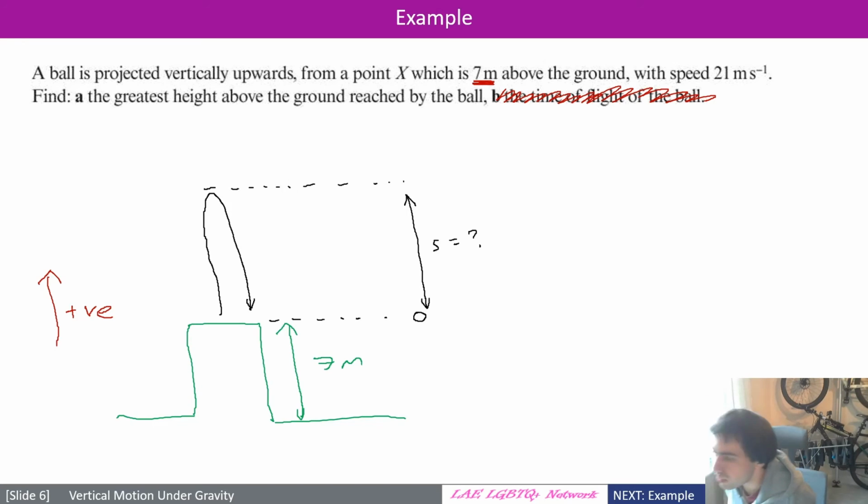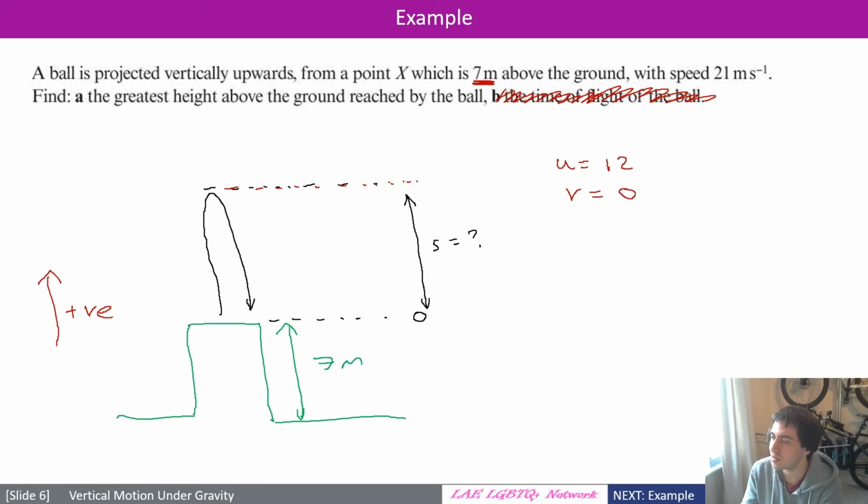So then let's use suvat. Our initial speed is 12 going upwards. What is our final velocity that I'm interested in? It's going to be 0. That's when the max displacement is obtained. The S is the thing I'm interested in. T I don't know. What about acceleration?